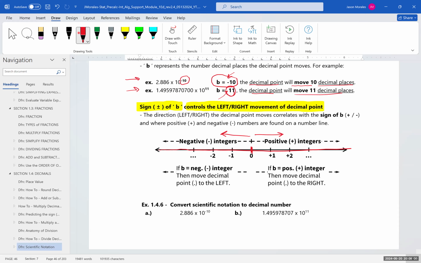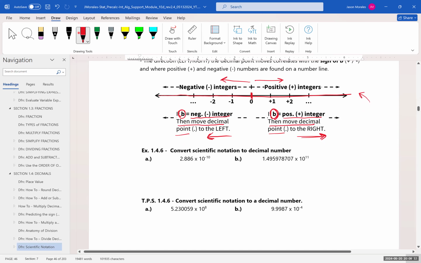And so similarly, if your exponent B is a negative integer, then you're going to move the decimal point to the left. And if your exponent in scientific notation is a positive integer, then you're going to move the decimal point to the right. So you can use the configuration of integers on a number line to help you remember whether you're moving the decimal place to the left or to the right.